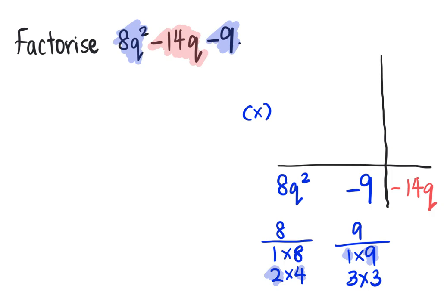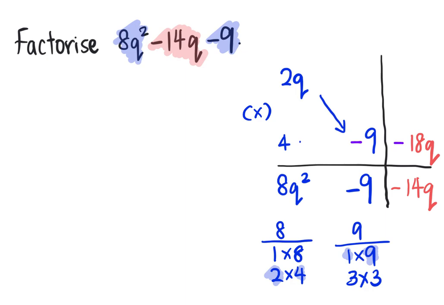So to put my thoughts into the cross chart, this is how it looks like. So if I have a 2, of course must have the q, multiplied by 9, and that this has to be my negative. Then I will get a negative 18q.